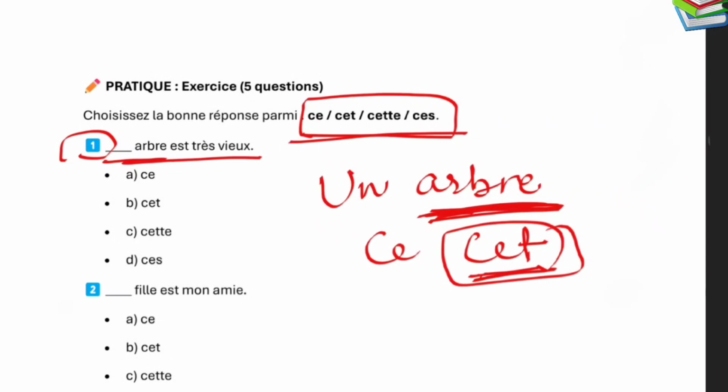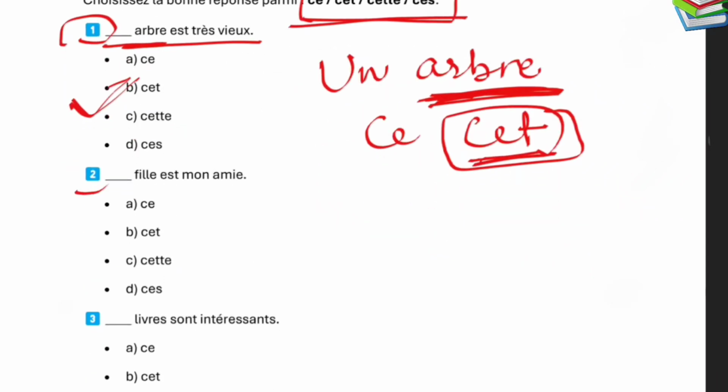So we will use cet. And this is your answer, cet. Okay, second one. Cette fille est mon amie. Okay, given fille, girl. So feminine, singular. It will take cette. Okay, so cette is your answer. Cette fille est mon amie. This girl is my friend.